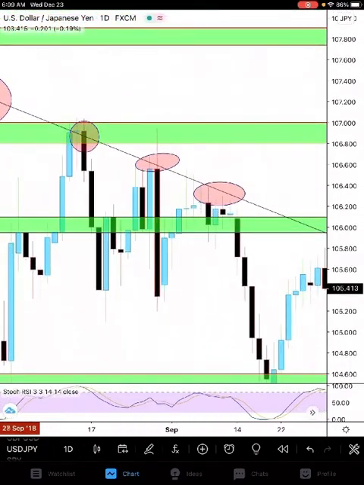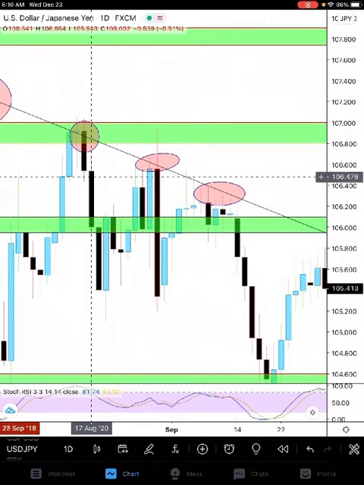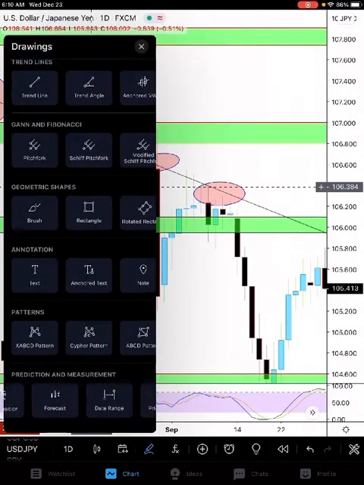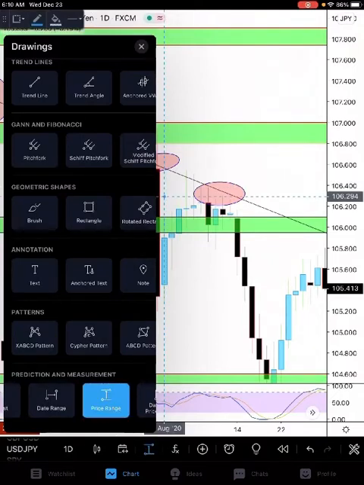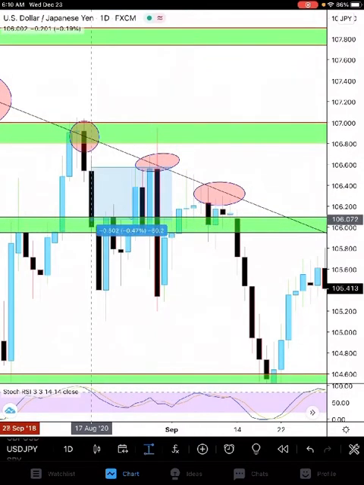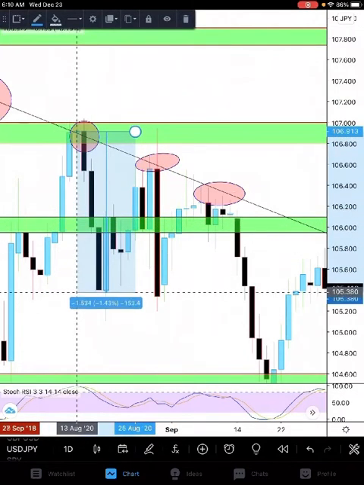Look at this. Your entry from here, you'd have been holding a day or two. That's roughly, and let's get the pip forecast, the price range. Alright, so first one here, this whole move was about 150 pips, right?